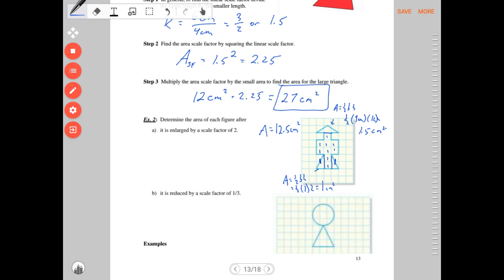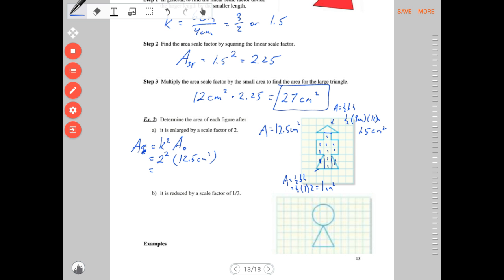Now, if the new object is enlarged by a scale factor of 2, that means the area of the image is equal to k squared times the area of the object. The linear scale factor is 2, so 2 squared times the area of the object, 12.5 centimeters squared.